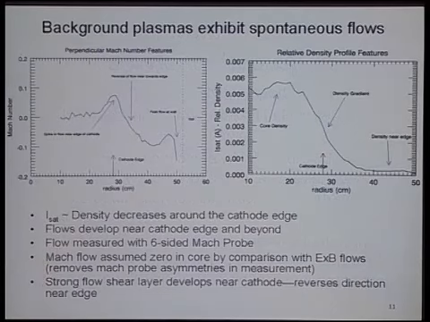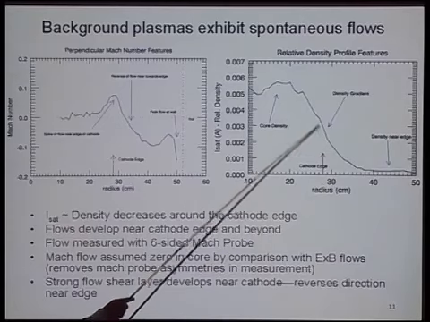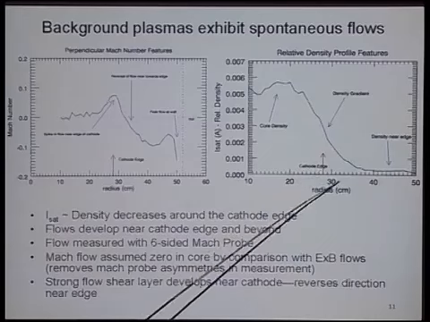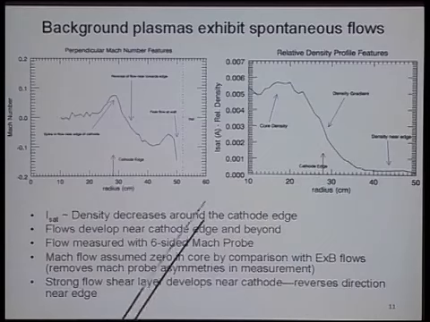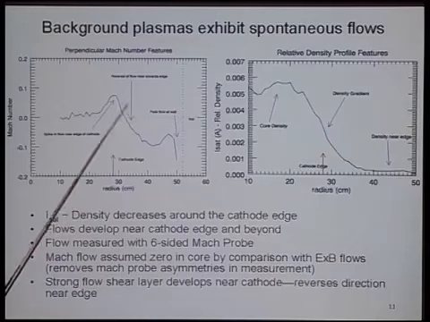So here's a snapshot of the spontaneous flows that I keep mentioning. On the right side is our typical density gradient, core density. Here, density decreases basically around the cathode edge and then is fairly flat near the edge. And as you saw with the potential profiles, there are some electric fields specifically in the region of the cathode edge.